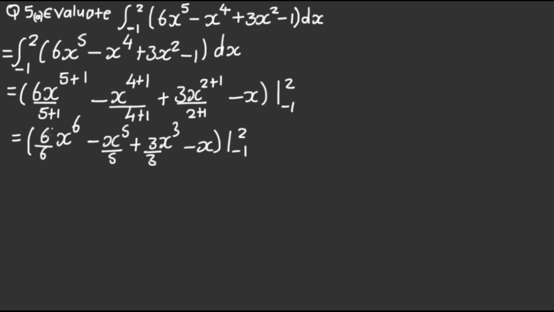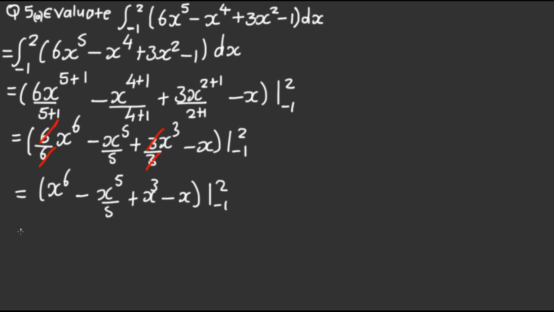We can now cancel. We can cancel the 6 here, even the 3 here. We have x raised to the power 6 minus x raised to the power 5 over 5 plus x raised to the power 3 minus x, evaluating from -1 to 2.